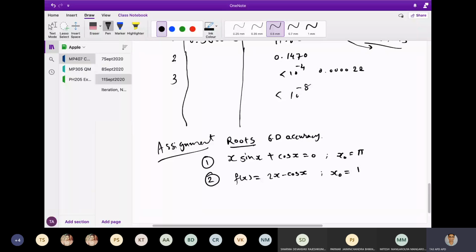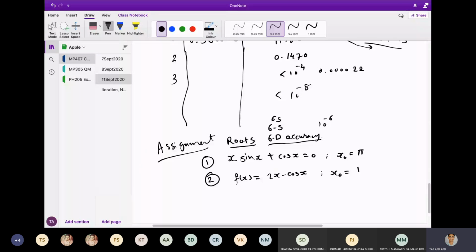Okay, 6D. In some books you may find it as 6S. They write it like this also, or maybe 6S. So it simply means significant digits. I'm just writing 6D accuracy, which means that you keep on iterating until your error goes to 0 of the order of 10 to the power minus 6.